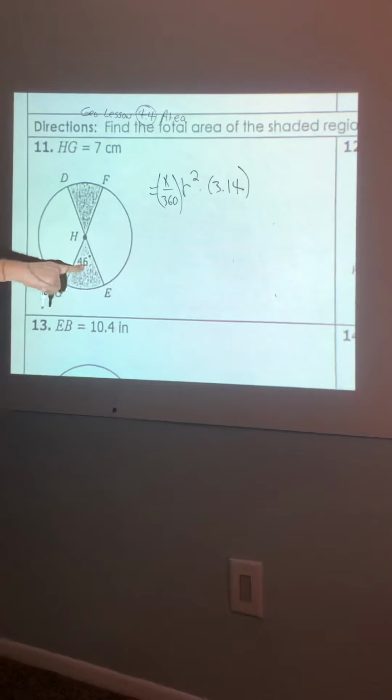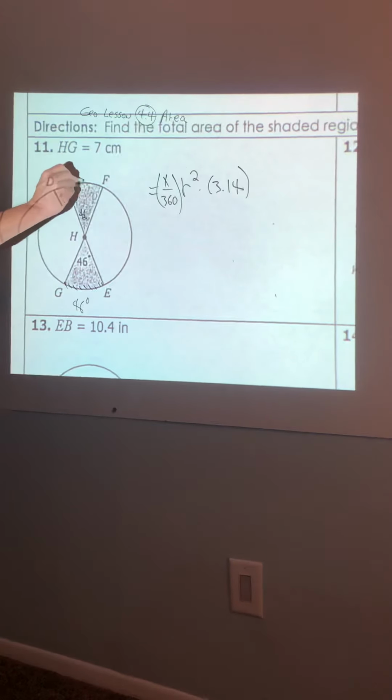Couple things. See the 46 degrees? If the central angle is 46, so is the pizza crust, or the arc, 46 degrees. Wait, it gets more fun than that. And we gotta go way back to August, September. Remember, these are vertical angles, so if this is 46, then this is also 46.